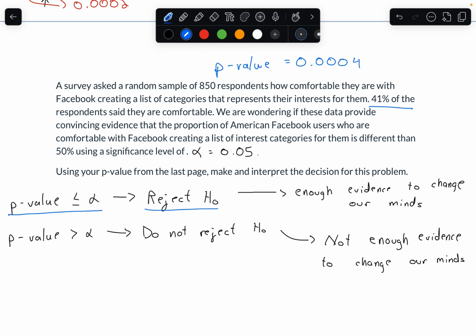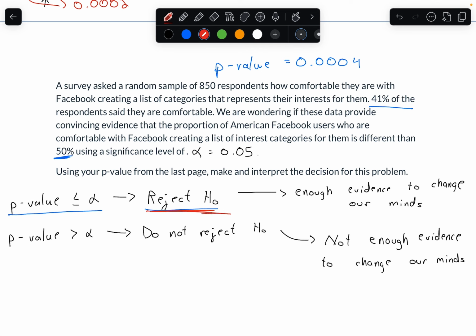Either we got extremely unlucky with our sample and we got something that is vastly different than that population proportion of 50%, which is extremely, extremely unlikely, or the alternative would be, well, we made a mistake. Our original assumption was incorrect, which is when we would reject H naught.